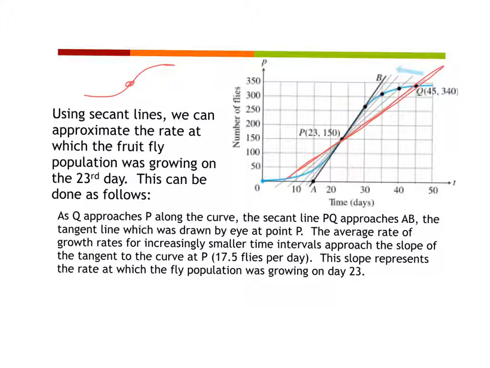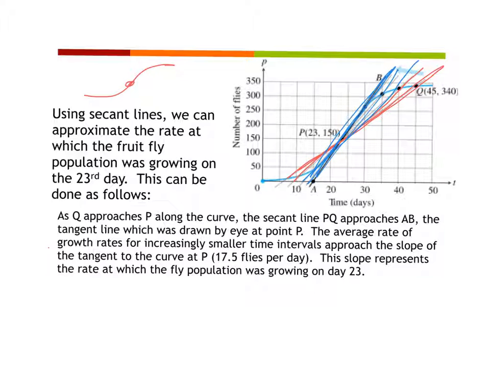Now, the closer we bring that point Q, like if I bring it a little bit closer, I get a slightly steeper line, and that slightly steeper line is closer to being what is happening at P. And if I get even closer yet, I keep getting closer and closer and closer until I'm like right here. And that line there, even AB, is pretty dang close to just looking like the tangent to P.